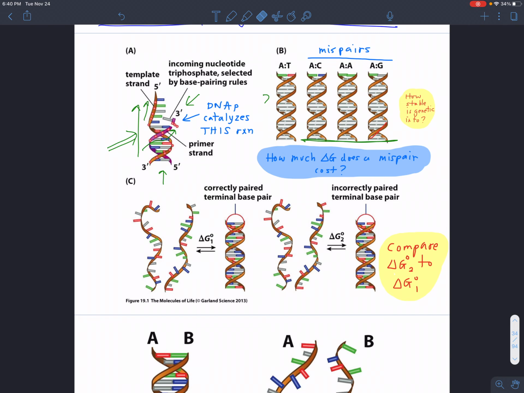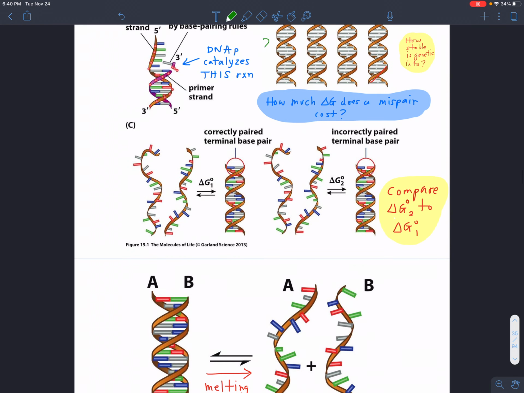Here's the way it's been done, and probably the best way there is. You consider two single-stranded DNAs that have correctly complementary bases at their tips, and when those two guys anneal to form a double-stranded DNA, there's a certain delta G associated with that, with a correct pair here.